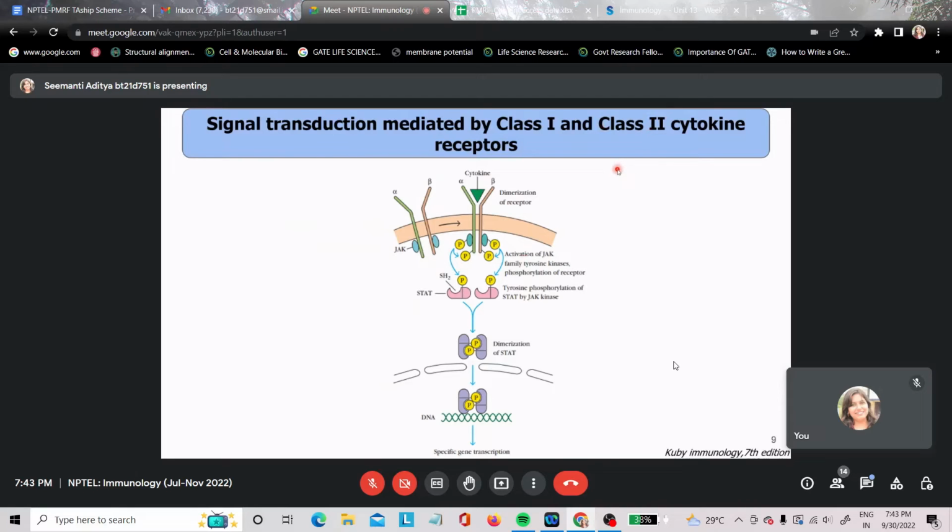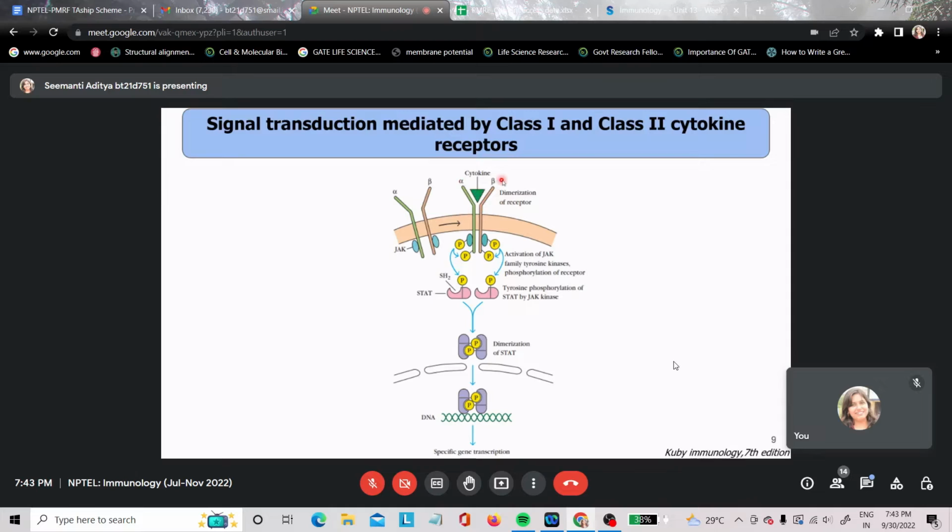As I mentioned, the alpha subunit and beta subunit have to come together in order to carry out the signaling pathway. So the alpha subunit recognizes the ligand, and then the beta subunit comes and binds to this alpha subunit, which is recognizing the ligand. So there is a dimerization of the receptor.